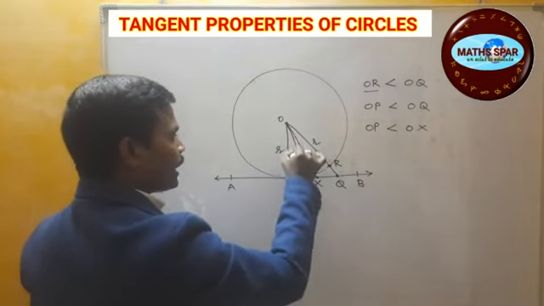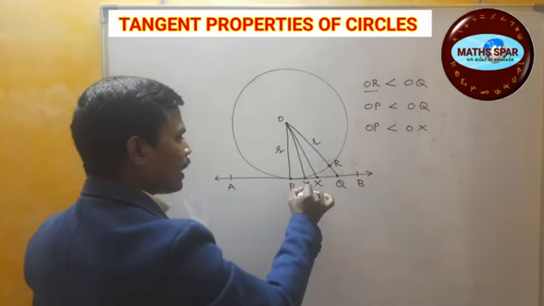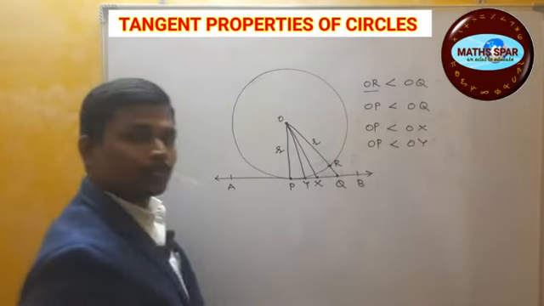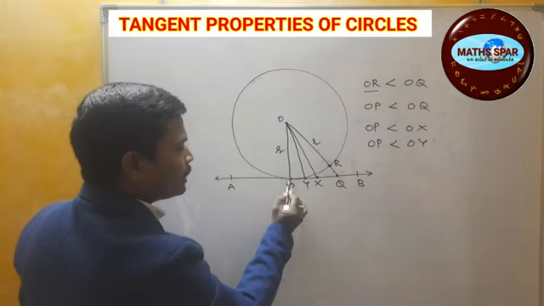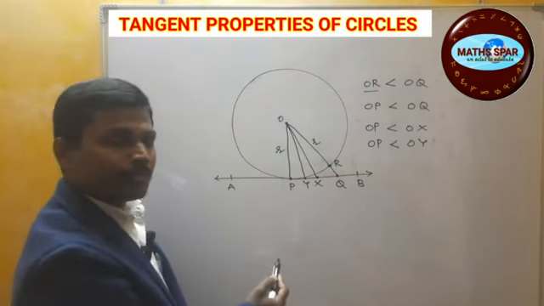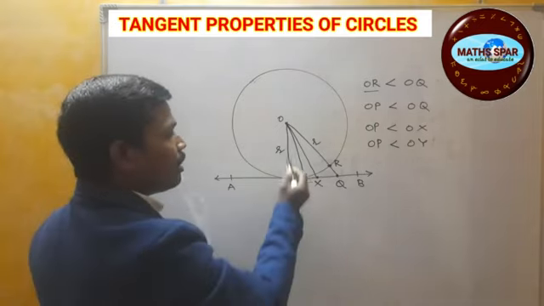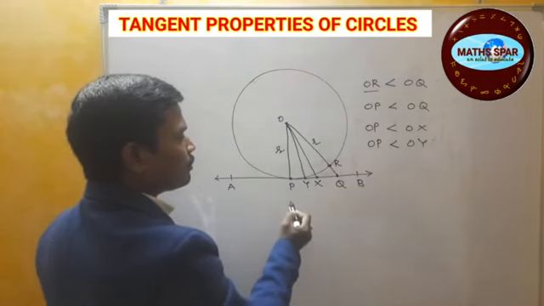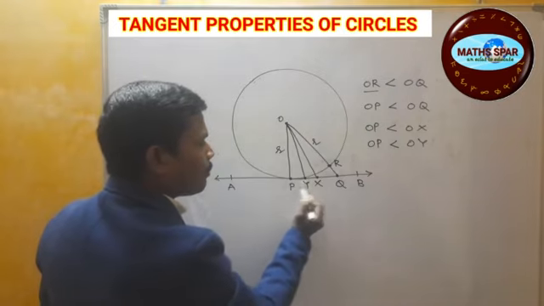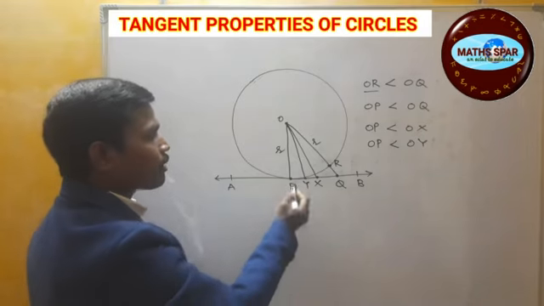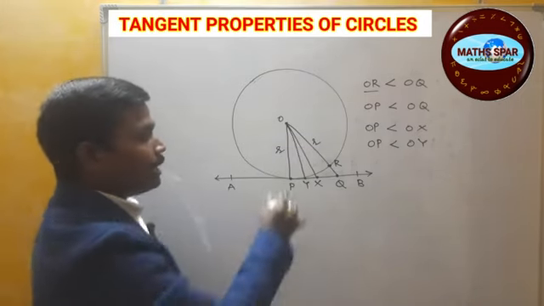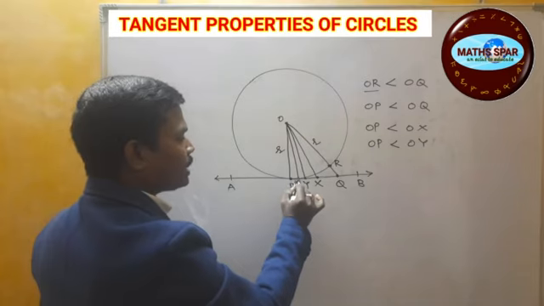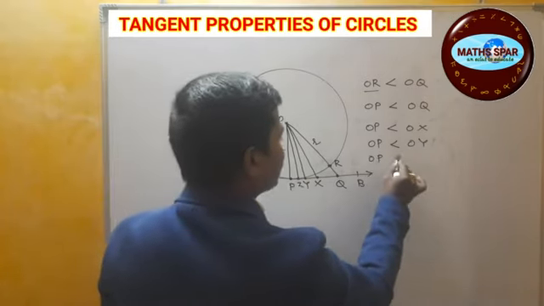If I take another point Y here, then also OP is less than OY. So for any point taken from P to B on the tangent, the OP measure will be less than that measure through the center of the circle. If I consider this as Z, then OP is less than OZ.